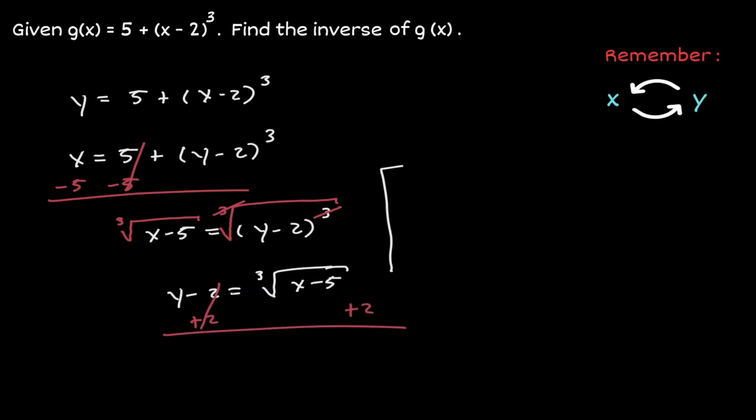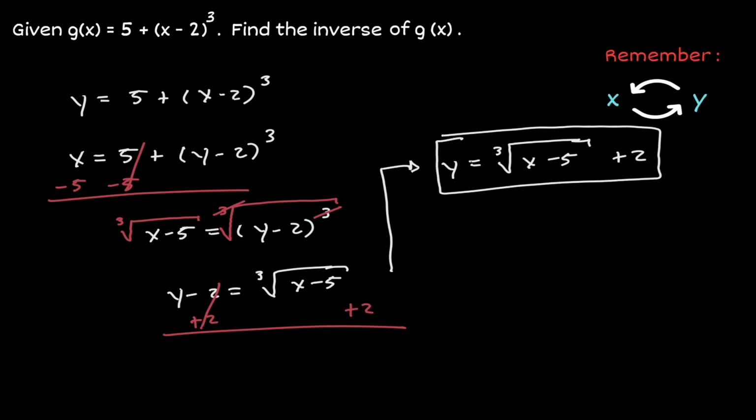So let's do that over here. But I do want to notice that this plus 2 that we added in our previous step was added separately, outside of the third root. If you either add or subtract after taking the root, that addition or subtraction always occurs on the outside of the root.